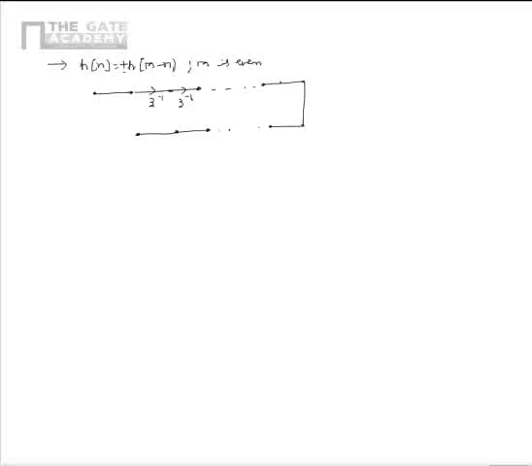So, for an input x of n, the output at the end of each z inverse will be x of n, x of n minus 1, x of n minus 2, and so on. Now, these outputs are weighted by h of 0, h of 1, h of M by 2 to get an output of y of n.